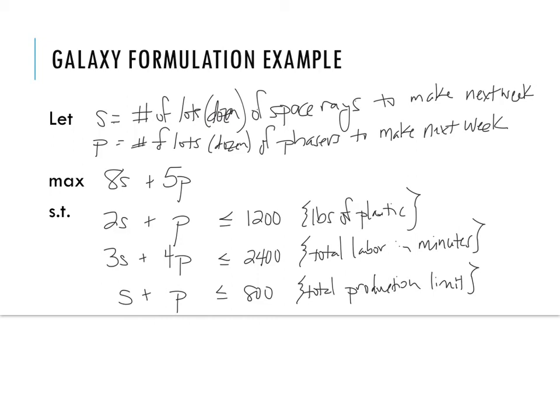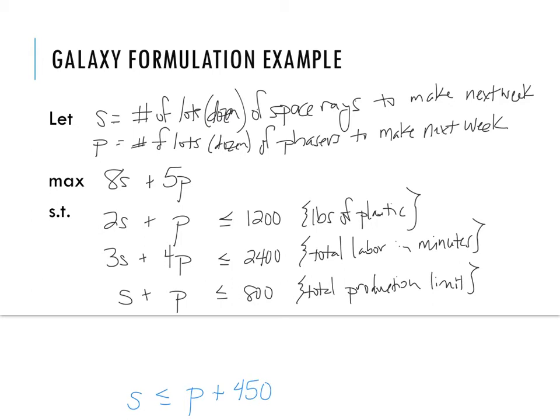I'm going to write this in blue. So for this we're going to say space rays cannot exceed, so that means it has to be less than or equal to, phasers, so we write down the symbol for phasers, by more than 450. So we have a plus 450.